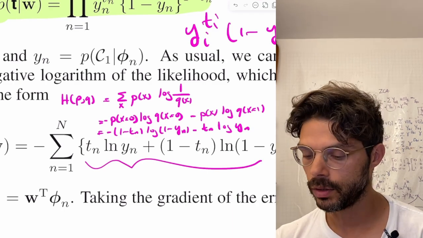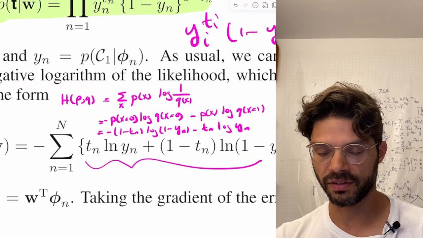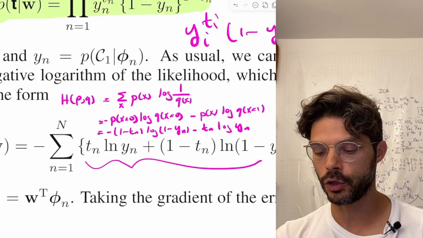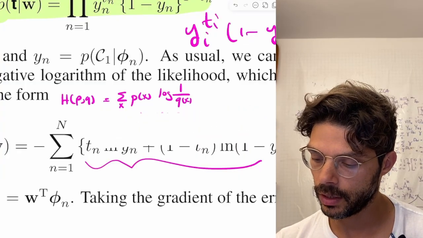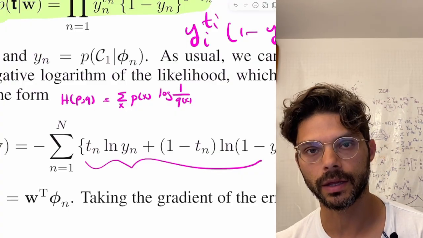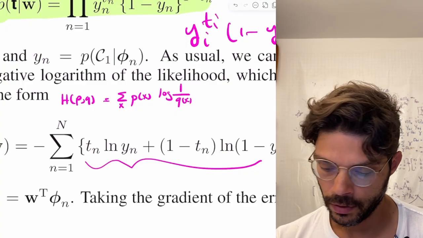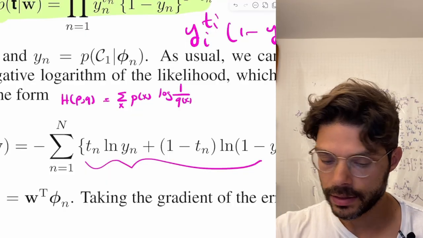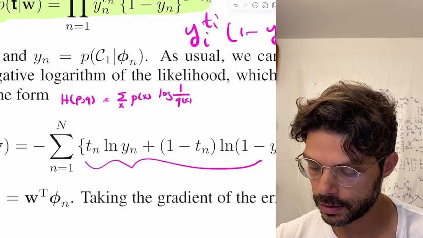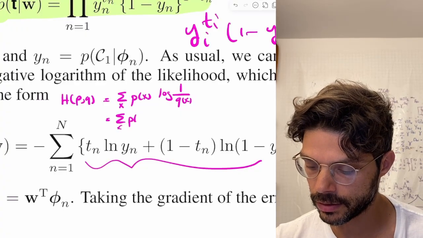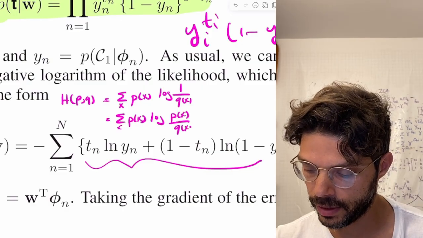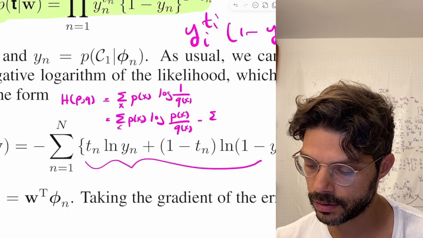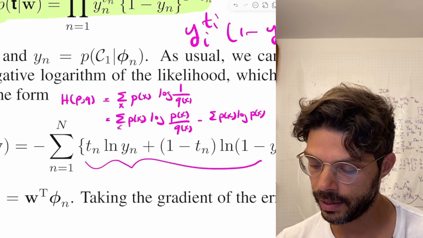Why is it something you want to do? We saw that if you just take the log of the likelihood, you get this. But there's another nice way of thinking about the cross entropy. You can write it as the sum of p of x log p of x over q of x, minus the sum of p of x log p of x.